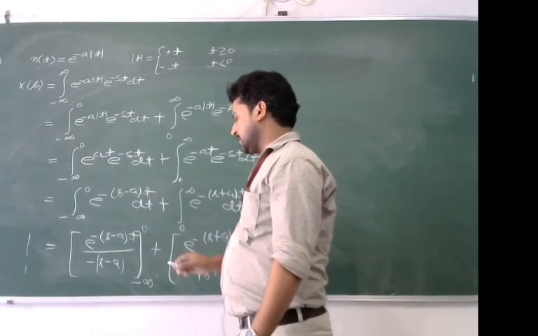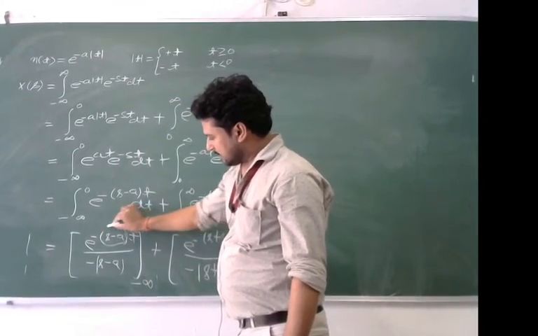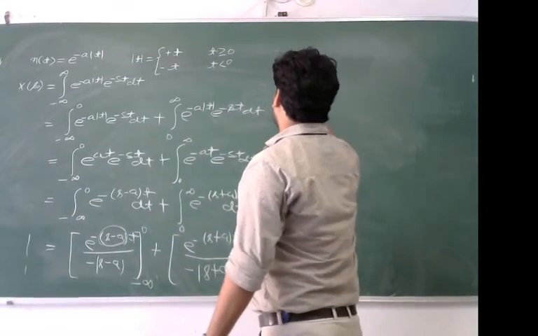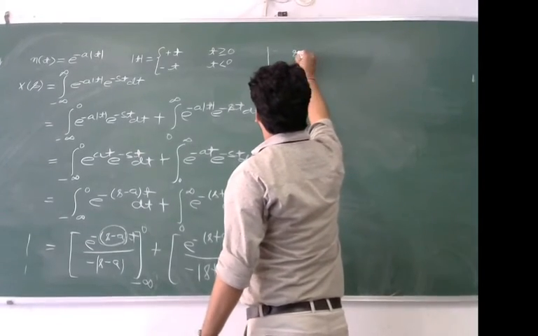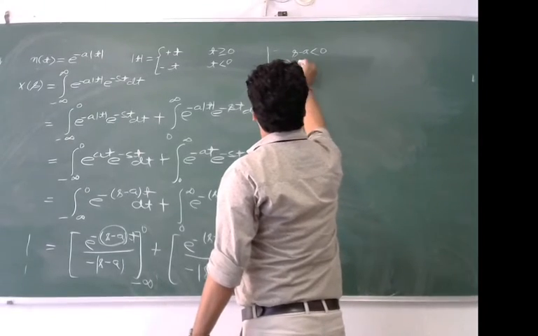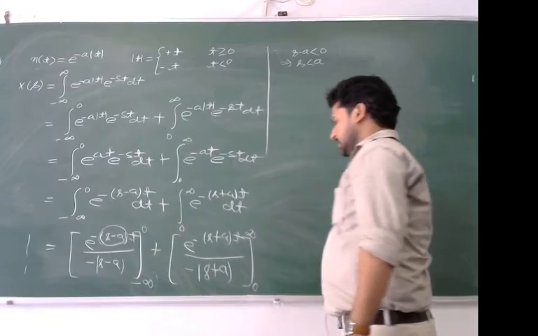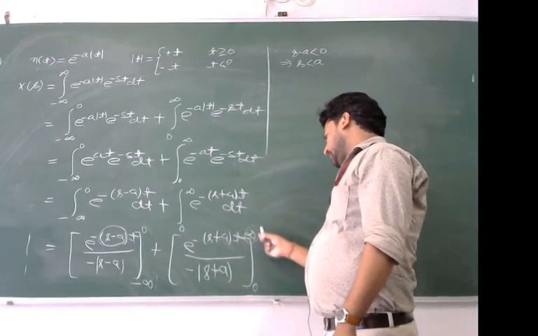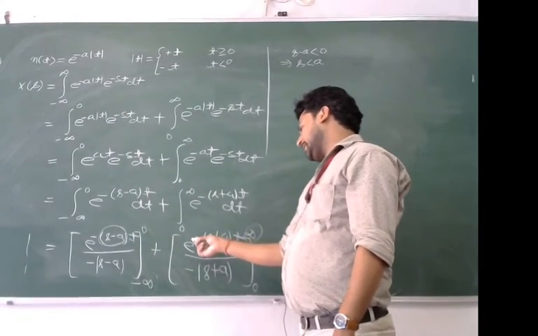For that, the value of s minus a should be negative, meaning s minus a should be less than 0, or s should be less than a. And here, if I put t equal to infinity, this becomes e power minus infinity.